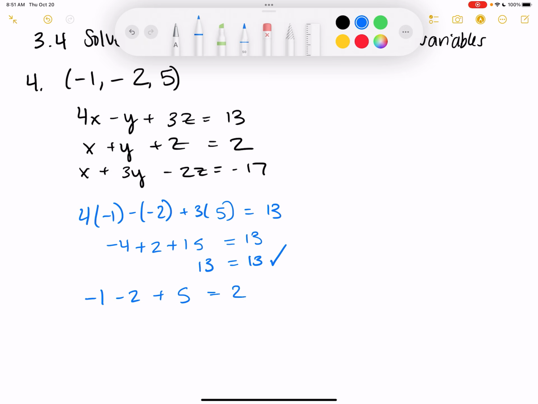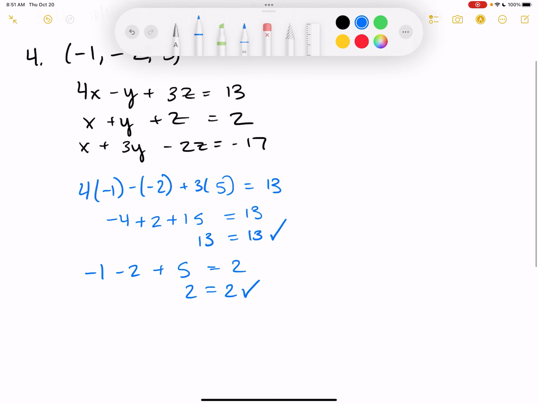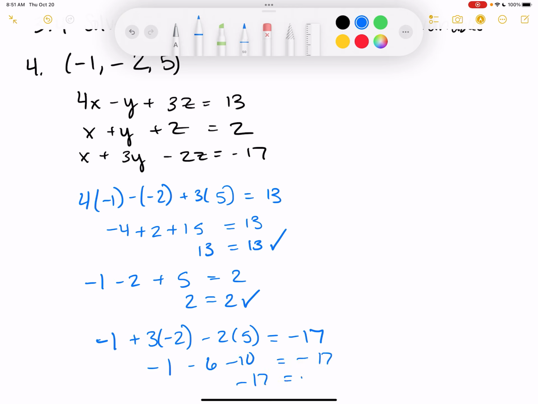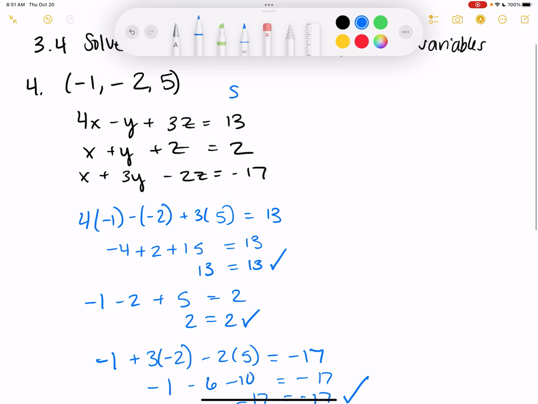That leaves us with 2 equals 2, so that one works. And then the last one: -1 plus 3 times -2 minus 2 times 5 equals -17. We get -1 minus 6 minus 10, which is -17, so -17 equals -17, so that one works. So this is a solution.